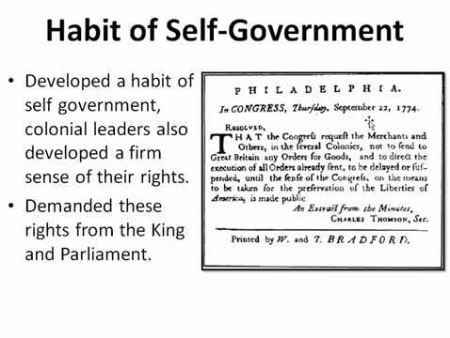If we read here, in September 1774, when some of the rebellion was going on, the Philadelphia Congress resolved that it requests the merchants and others in several colonies not to send to Great Britain any orders for goods. In other words, don't buy anything from them. So we're talking about a boycott here.